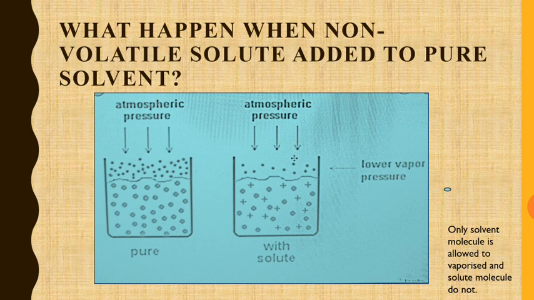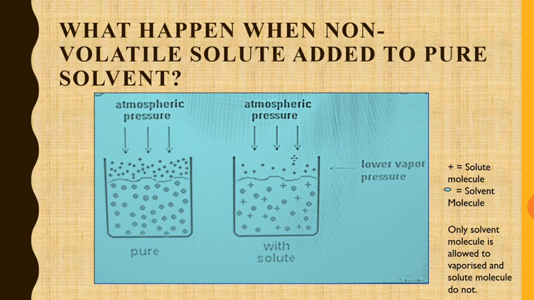Now the diagram shows us two beakers. The first beaker, that is the left hand side beaker, contains pure water. You will see there are bubble-like structures inside the beaker and dots in the upper portion of the beaker.